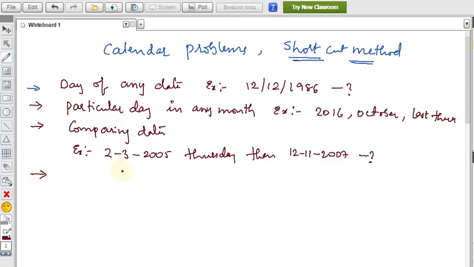Now the fourth type is find the day after some X days. For example, if today is Friday, what is the day after 45 days?